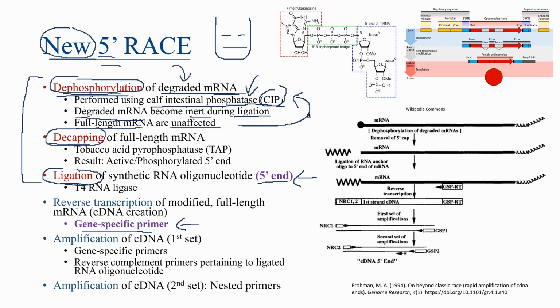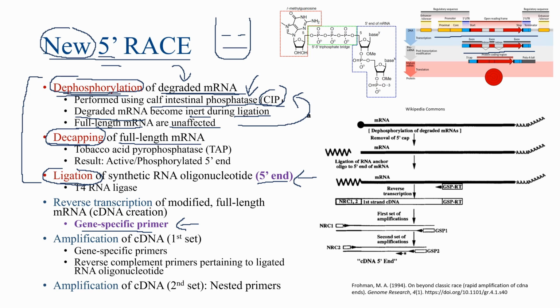dephosphorylation, you will perform decapping of the full-length messenger RNA. So recall that in RNA editing, you have a pre-messenger RNA, and this pre-messenger RNA will undergo capping and polyadenylation, as well as alternative splicing.